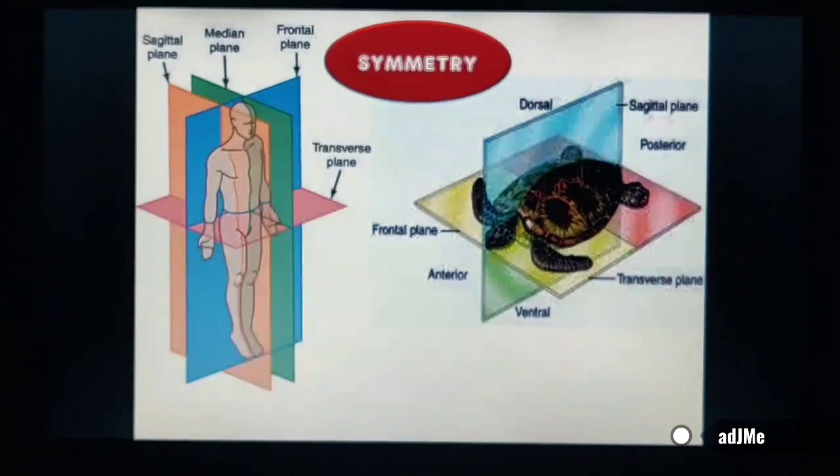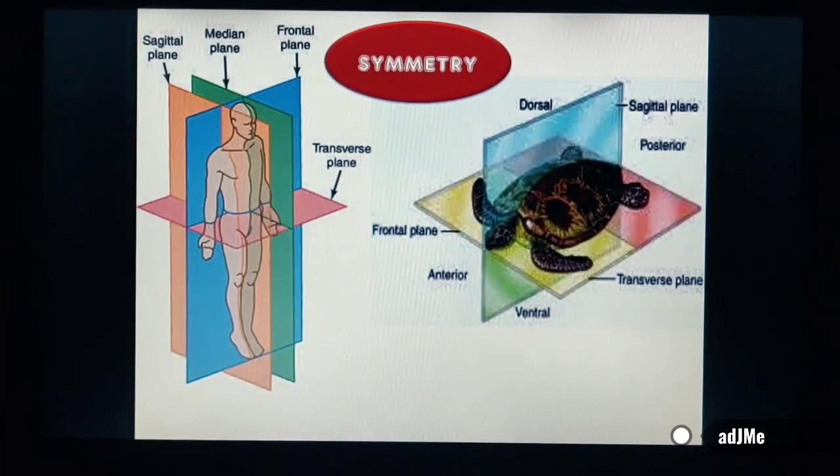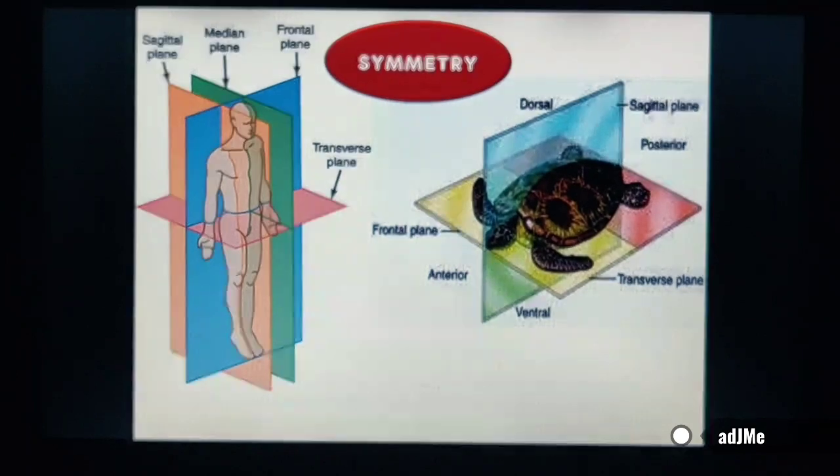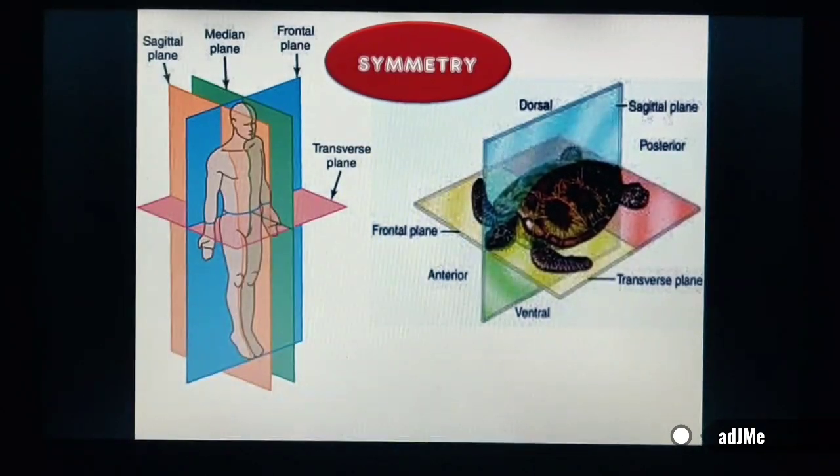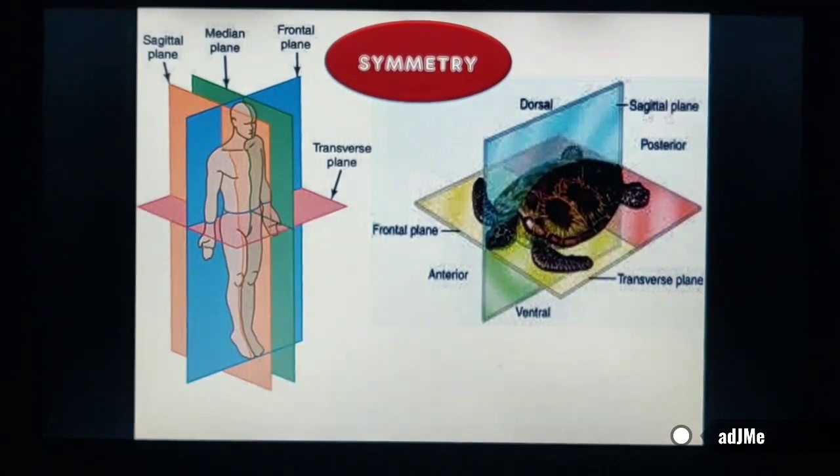This is just an idea about symmetry. Plane I would relate to maths. For example, you come across x, y, z, the x axis, y axis, z axis. Like that you have planes, so you have different planes.